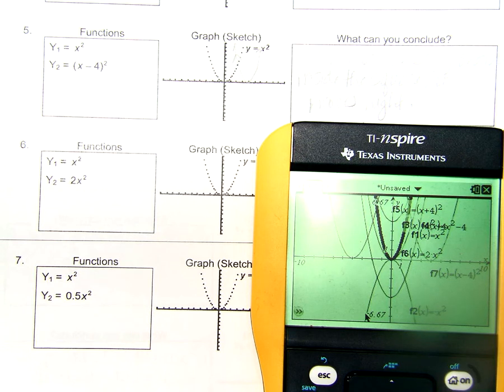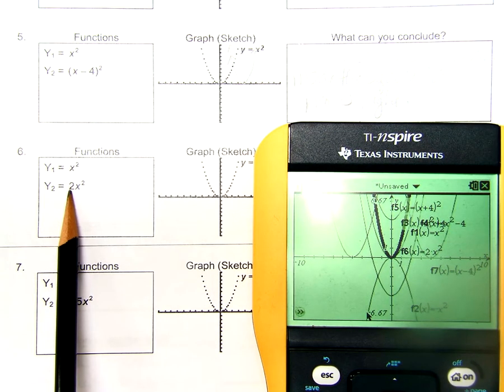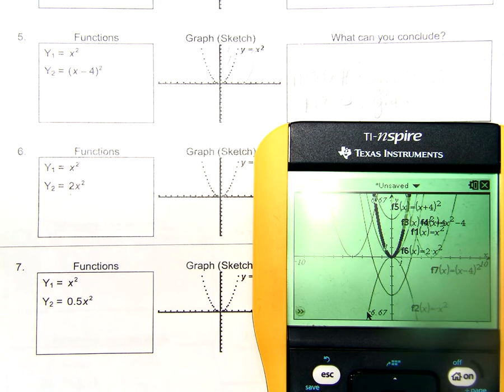So if numbers are on the outside, is this number on the outside or the inside? It's on the outside, right? It's not being squared. So it's on the outside. Historically, what's happening to things if it's on the outside? It's moving up or down, right? What kind of change is that?